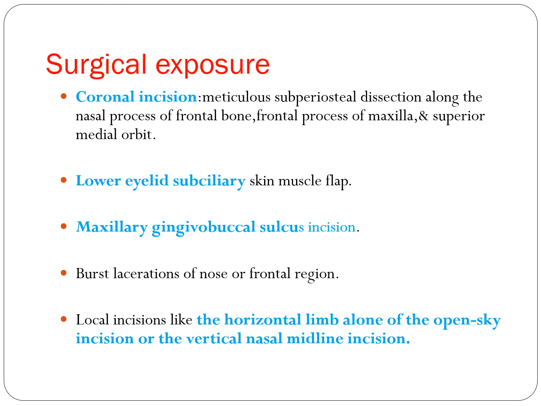Then we can go for the lower eyelid subciliary skin muscle flap, maxillary gingival sulcus incision, open laceration of the nose or the forehead, because there will be lacerations on the face or nose region, so you can approach through the laceration. Other options are the horizontal open sky incision or the vertical nasal midline incision.